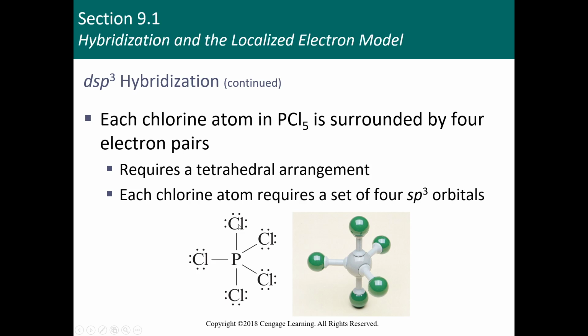Our chlorines, on the other hand, do not. They have sp3 hybridization, the normal tetrahedral shape. And that is because they have 1, 2, 3, 4 domains. See that? They have different hybridizations. Remember, you're always talking about atoms when you talk about hybridizations.